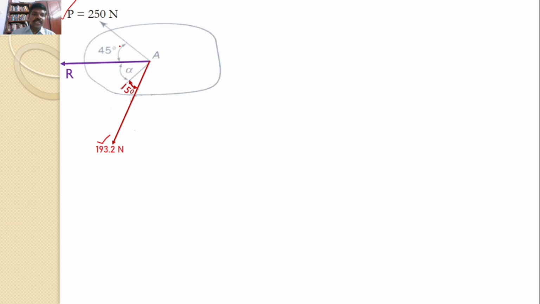This 250 newtons makes an angle of 45 degrees with the horizontal, and this 193.2 newtons makes an angle of 15 plus alpha with the horizontal. Now my aim is to see that the resultant of these two forces must be horizontal and it is towards the left side.